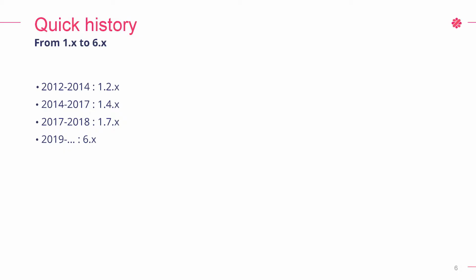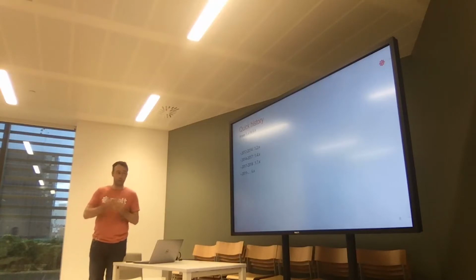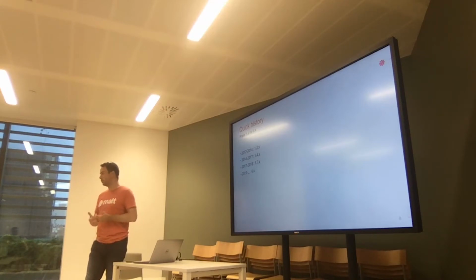After that, we didn't evolve that quickly. As you can see, we stayed in version 1.2 for 2 years, and we switched to 1.7 only in 2017. Why? Because Elasticsearch is a great product, but sometimes when you change a version, you can have some problems because the API can change.